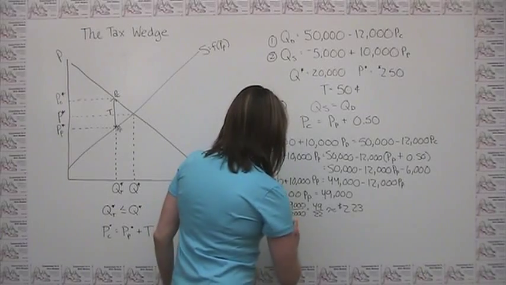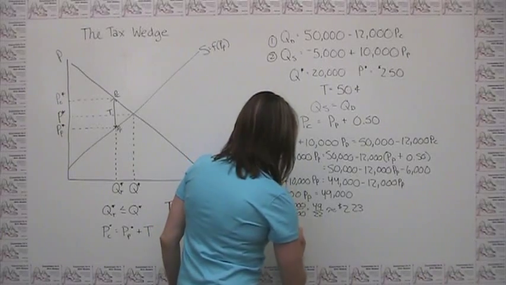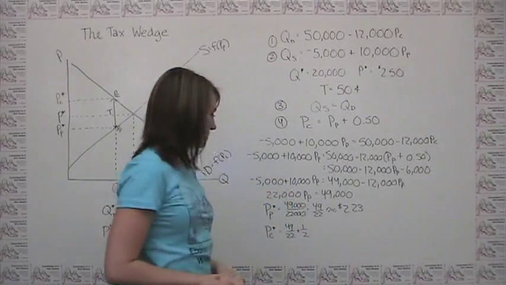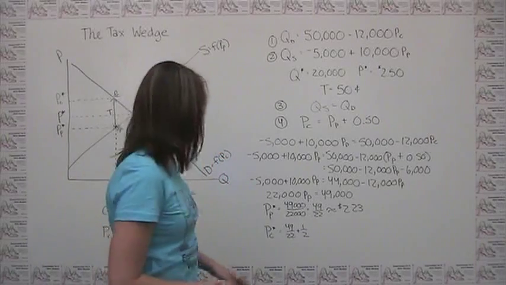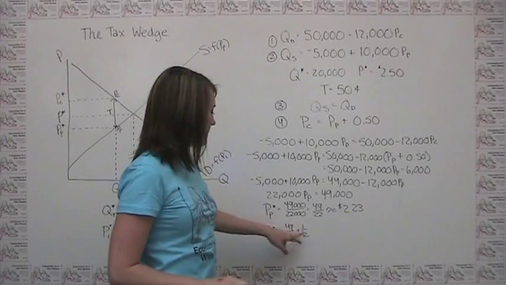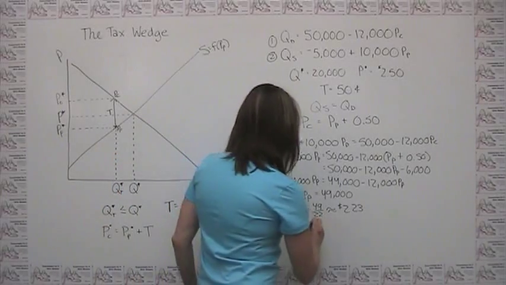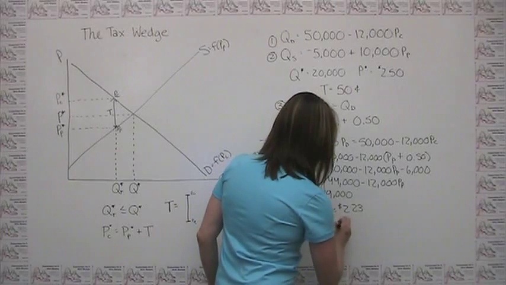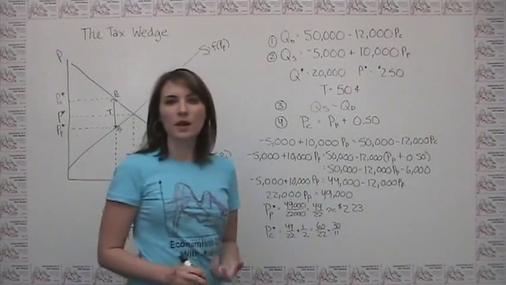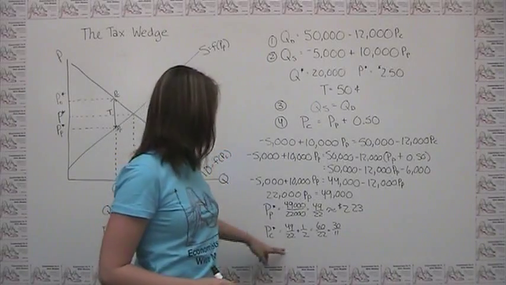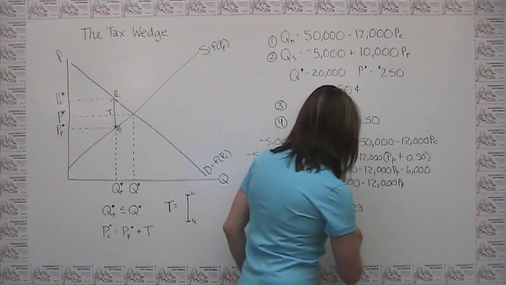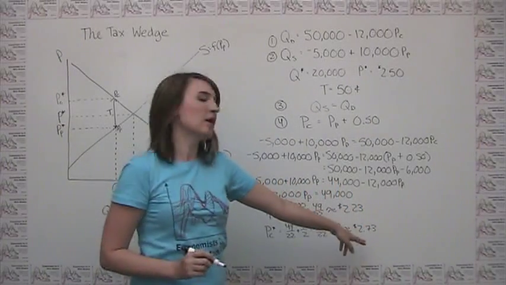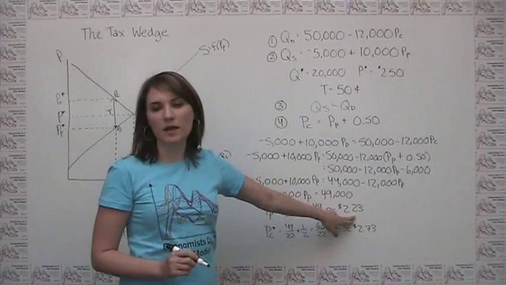So we could say the P sub C star is just 49 over 22 plus 1/2. So this is just 49 over 22 plus 11 over 22. So we get 60 over 22 or 30 over 11. Again, in decimal, this comes out to approximately $2.73, which is not surprising because it's 50 cents more than the price to the producer.